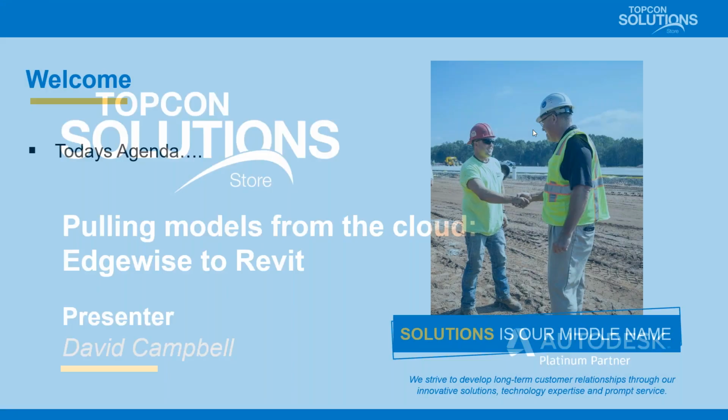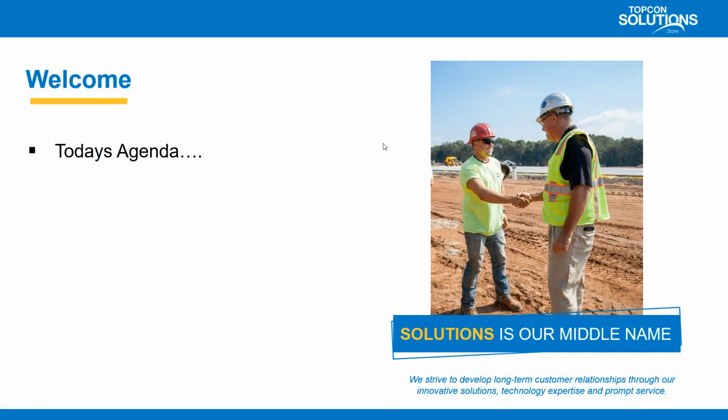Let's get started. So with today's agenda, I wanted to get into what is Edgewise. What is this scan to BIM solution? What does that scan to BIM mean? Also, I want to get into an introduction or overview of Edgewise.